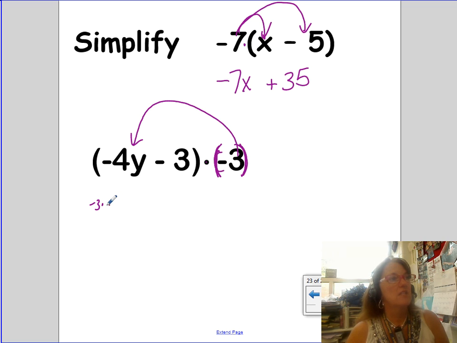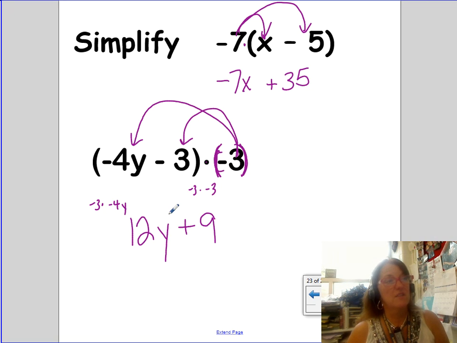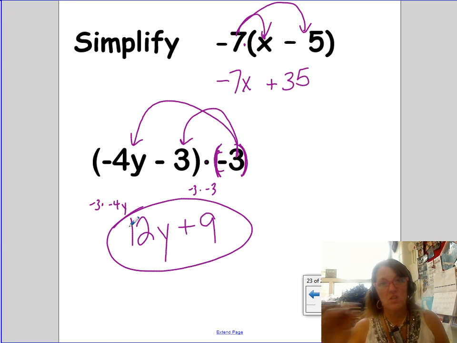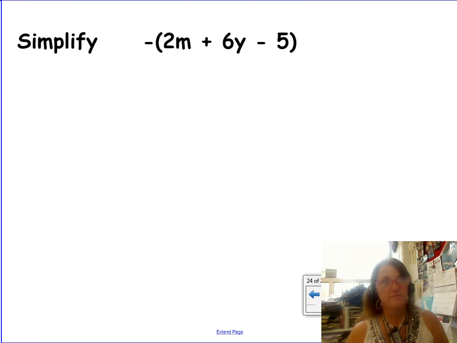Negative 3 times negative 4 times y. Okay, gives me positive 12y. Then I have to take negative 3 times this minus 3. And negative 3 times another negative 3 is positive 9. Done. Cool.